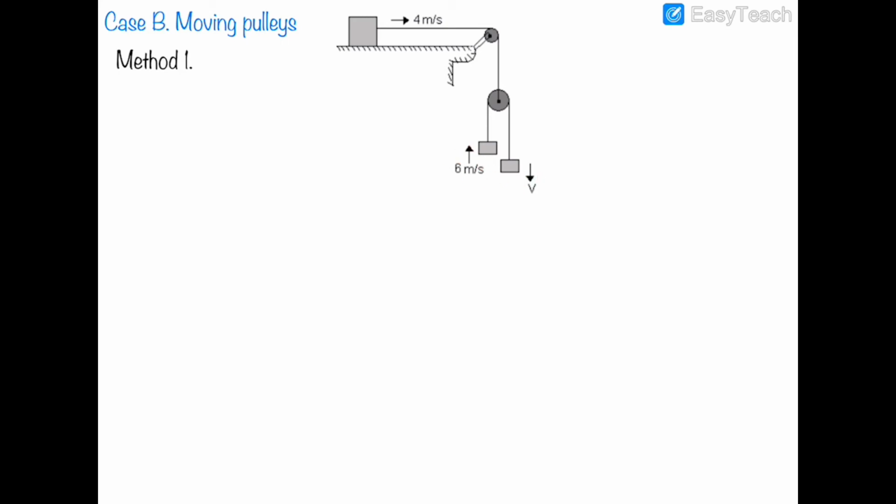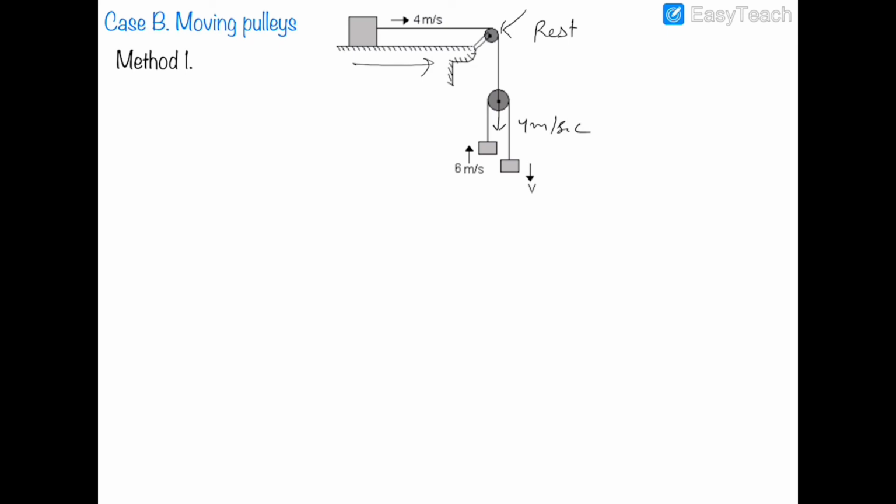Now I'm using method 1 of constrained motion to calculate the velocity v. In method 1, if this block is moving with 4 meters per second and this pulley is at rest, this is at rest, then this pulley will be moving downwards with 4 meters per second.